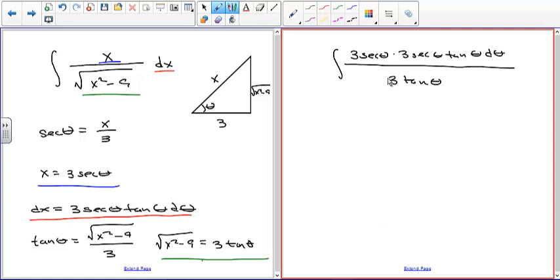Okay, so let's simplify. That cancels out with that. That cancels out with that. So we're left with 3 times the integral of the secant squared of theta d theta. And if we're lucky, that'll be one that's in the book, which it is. What's the integral of the secant squared?